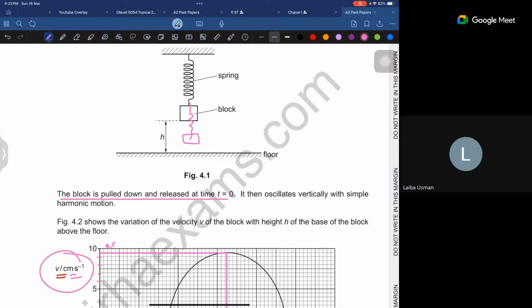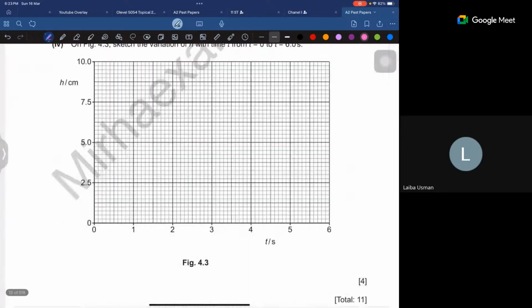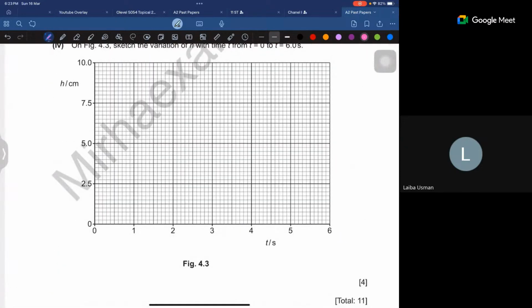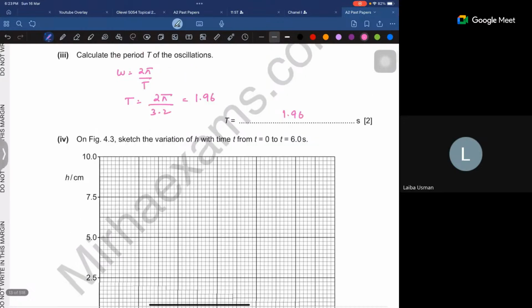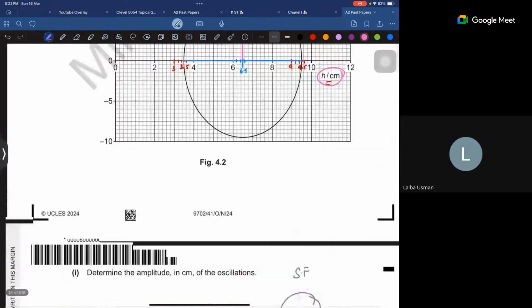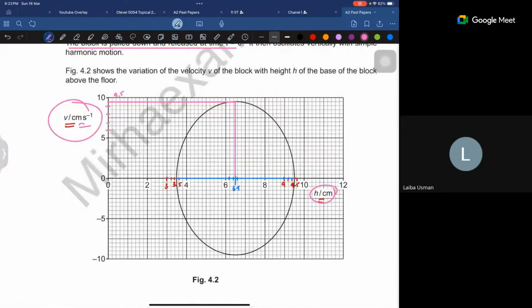So let's take this side as negative displacement and up as positive. So we're going to start. It's also in the absolute scale.